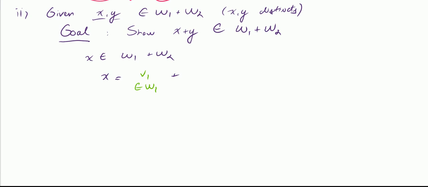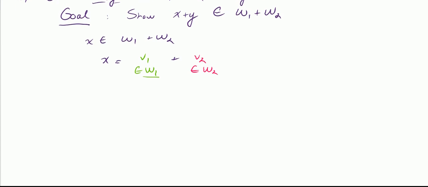So x can be written as V1 belongs to W1 plus V2 belongs to W2, because that's the definition of what it means for an element to belong to the sum of two sets. It means it can be represented by the sum of an element in the first set plus an element in the second set. Okay, so I have my x is equal to V1 plus V2.